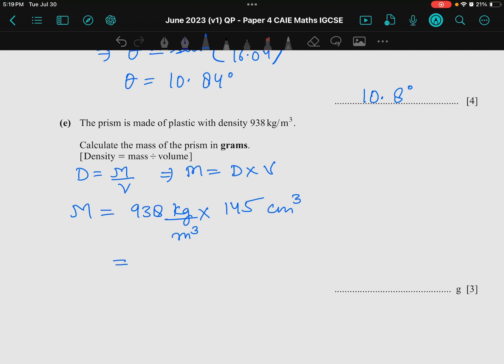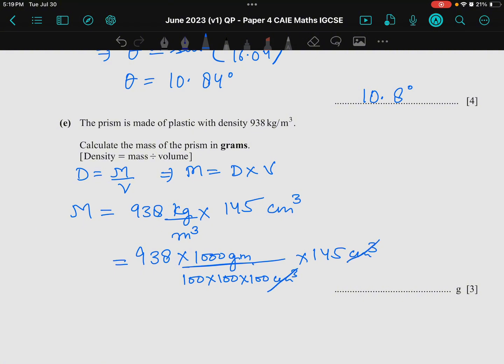So since we have to calculate the mass of the prism in grams, what we will do? We will change the unit of density. In 1 kg, how many grams are there? 1000 grams upon 1 meter, which is equals to 100 centimeter. So 1 meter cube is equals to what? 100 into 100 into 100 centimeter cube into 145 centimeter cube.